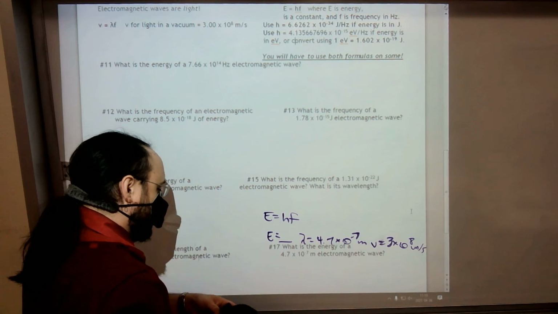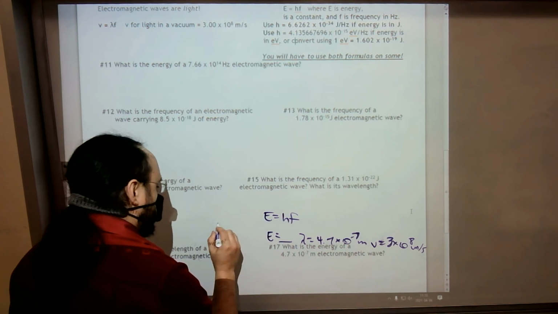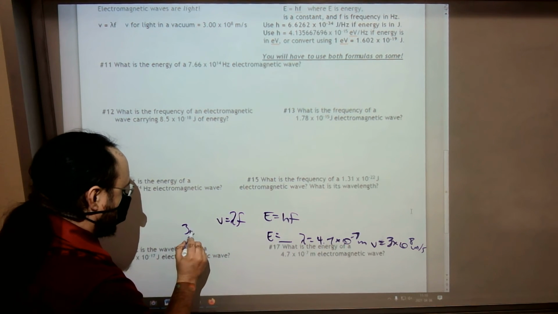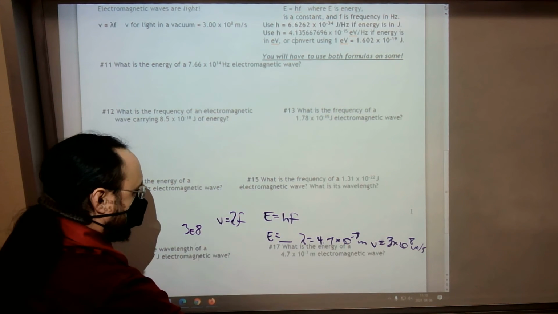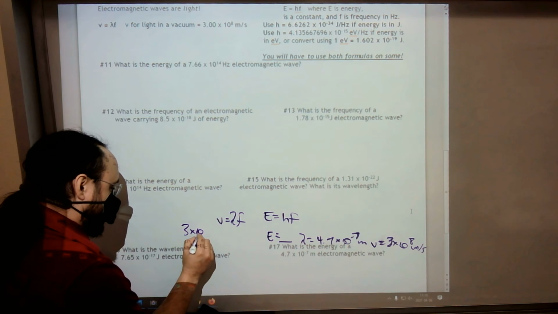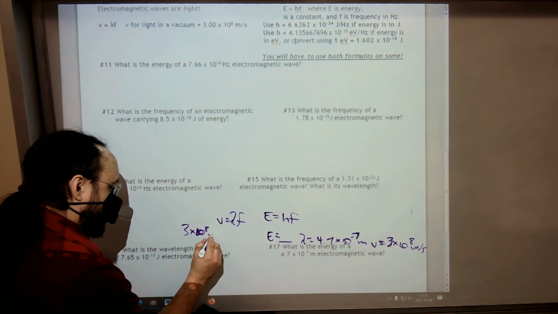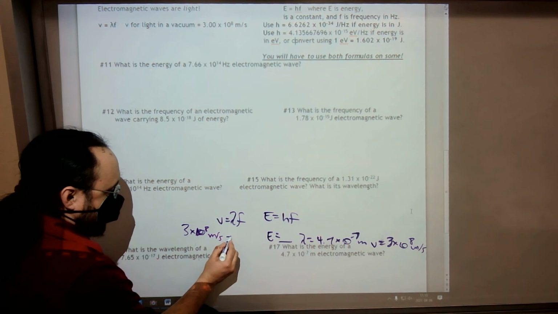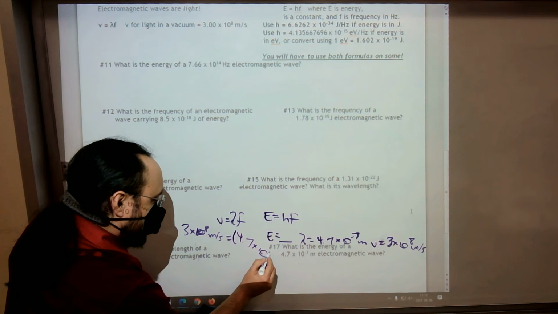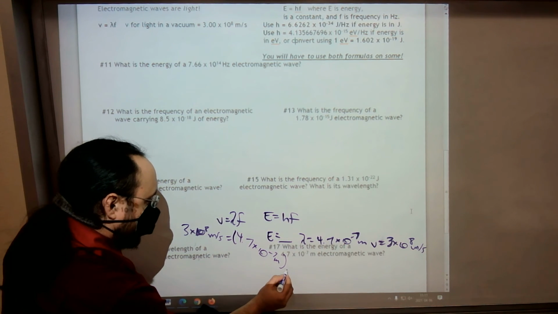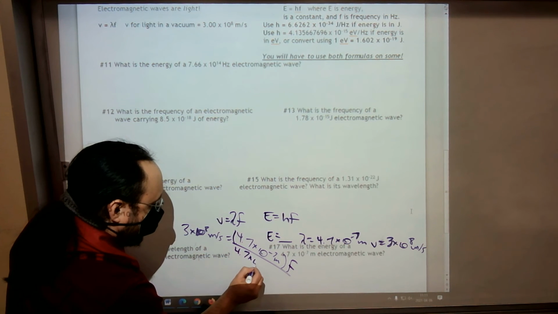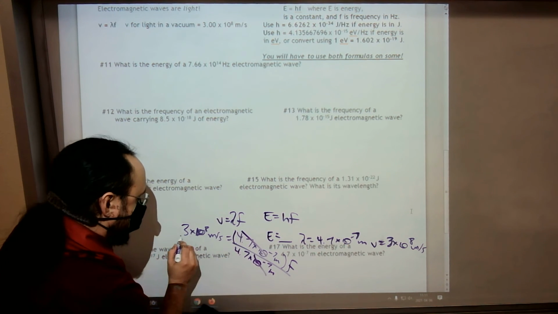So you'll go and use that same formula we were just doing, that V equals lambda F, where V is 3 times 10 to the 8. Not everybody's calculator says that E, Mr. Franklin. 3 times 10 to the 8 meters per second equals, oh, we've got lambda, 4.7 times 10 to the negative 7 meters times F. And we'll go find F. It says F times that, so we'll divide both sides by that.